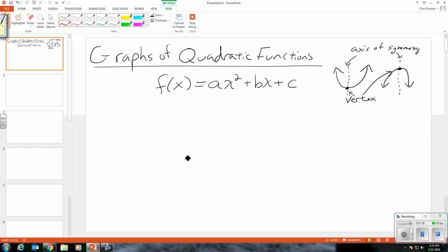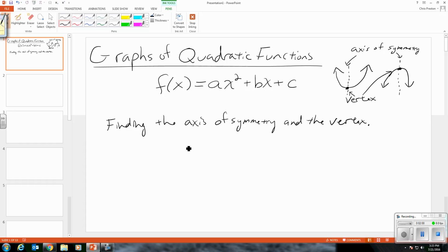So these are the things we're going to look at. We're going to look at finding the axis of symmetry and the vertex. We're going to determine the domain and the range of our function.